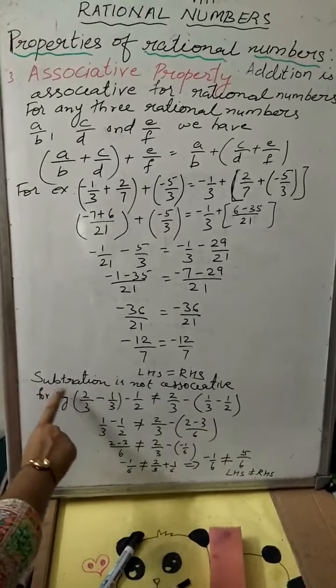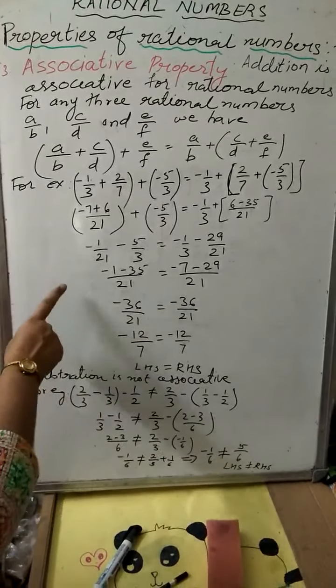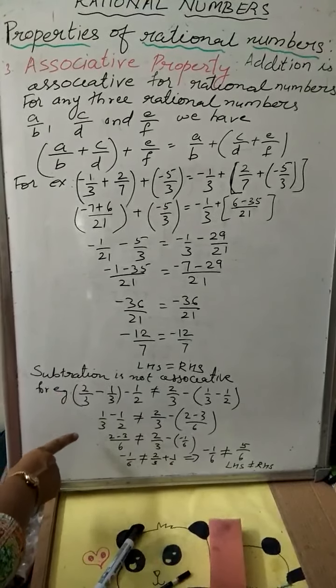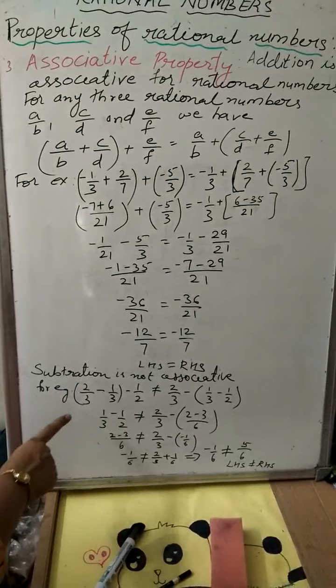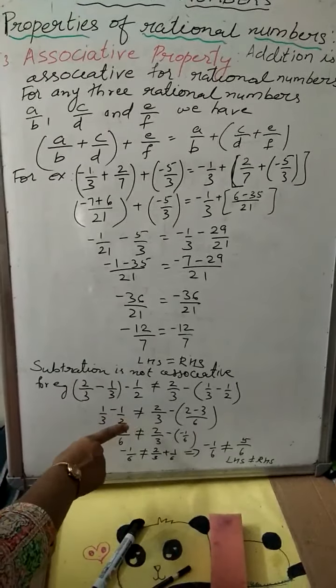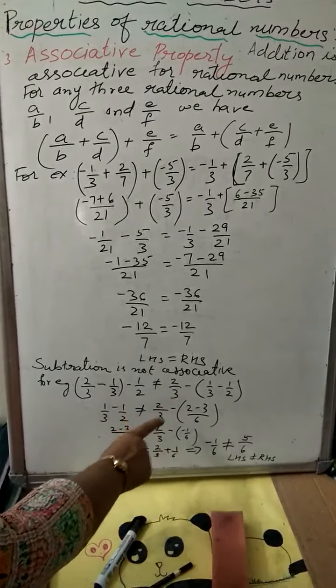Next, subtraction is not associative. It means that, unlike addition, subtraction for rational numbers is not associative. Here I have picked another three rational numbers, that is 2 by 3, 1 by 3 and 1 by 2, and I have solved both LHS and RHS.